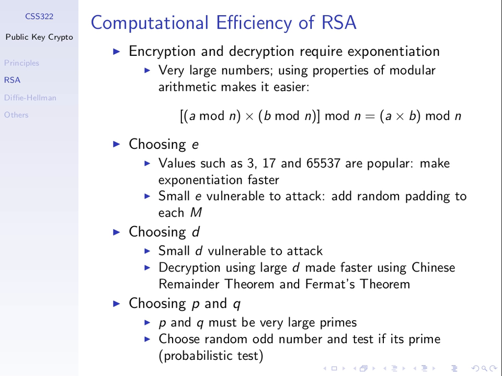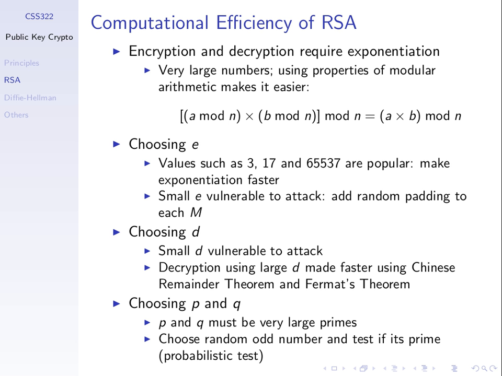How do we choose P and Q? Choose two large prime numbers. They need to be very large because when we multiply them together, we need to get a 1000-bit number, n. So P and Q need to be large. The approach that is used is to choose two large odd numbers which are random and check whether they're prime.